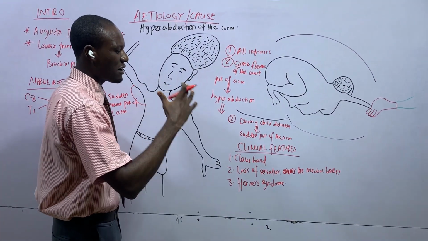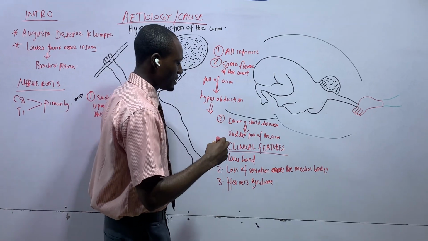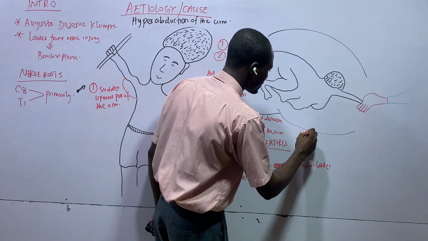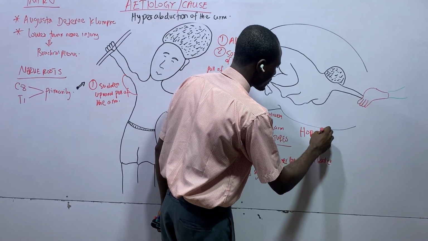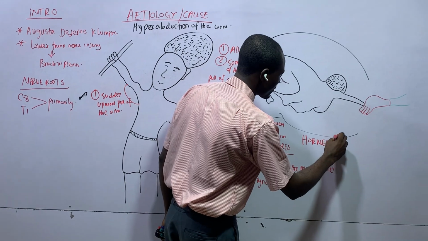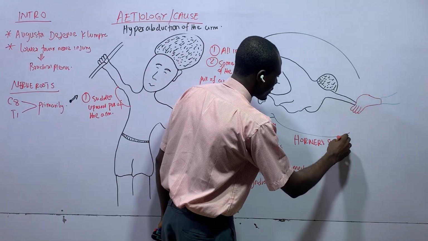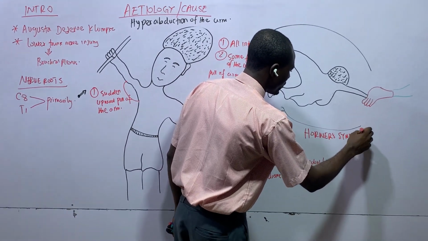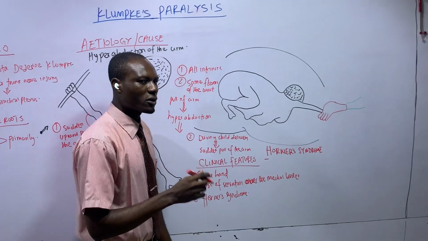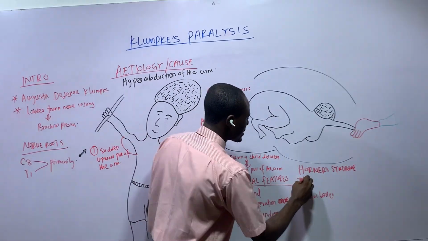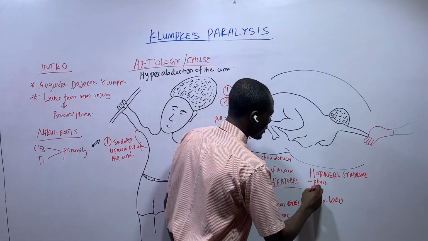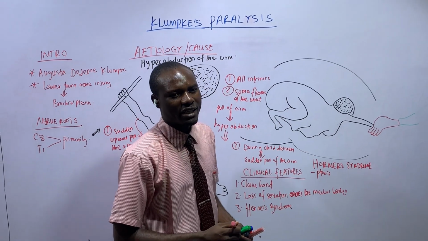And what are the various characteristics of Horner syndrome? In Horner syndrome, the following is seen. There will be ptosis, which is drooping of the eyelid.